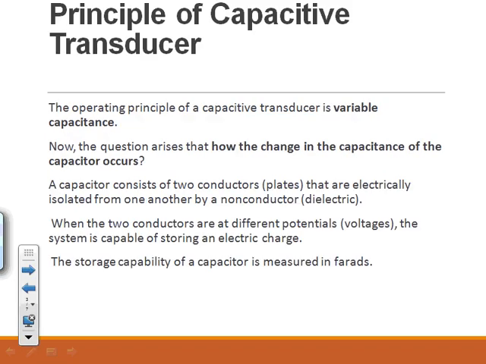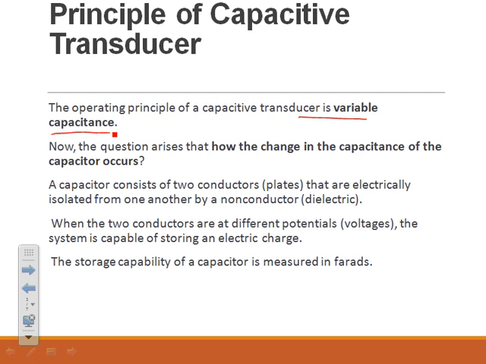So, the principle of the capacitive transducer. The operating principle of the capacitive transducer is variable capacitance, as I said earlier. Now the question is how the change in the capacitance of the capacitor occurs.